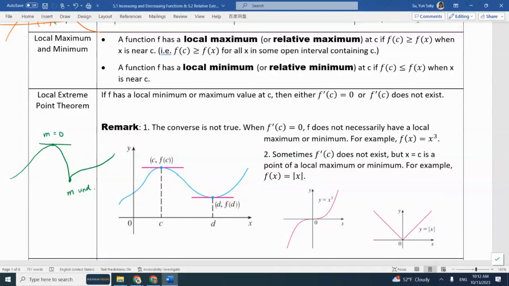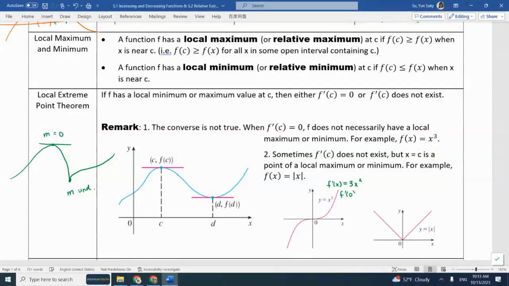So we remark the converse is not true. If the derivative is 0, f does not necessarily have a local maximum or minimum. For example, x cubed. If f of x is x cubed, then what's the derivative of x cubed? 3x squared.